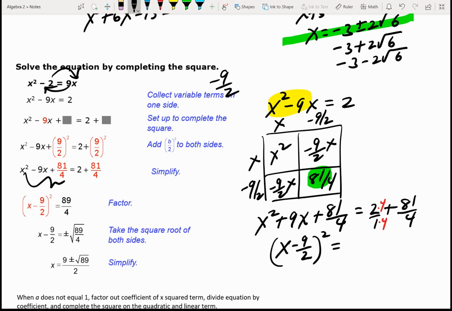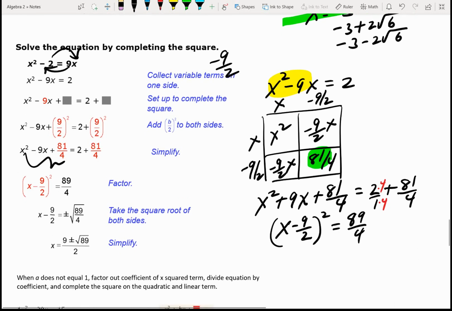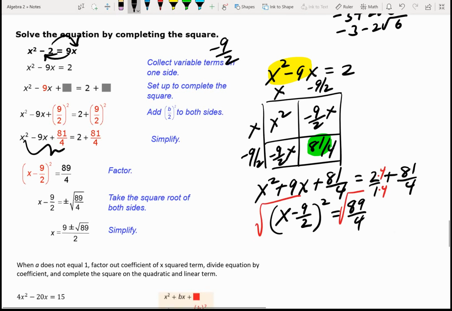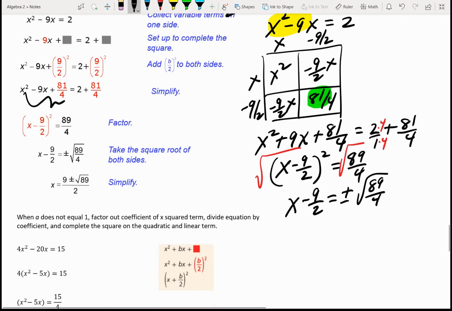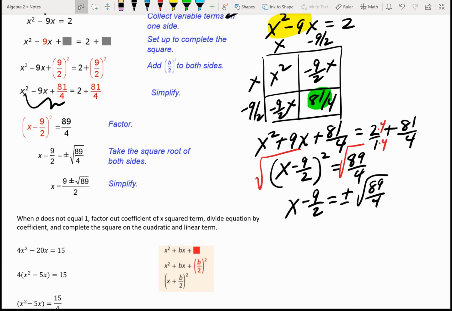And again, they worked the problem out for you. 89 fourths. Now all I have to do is take the square root of both sides. Now I have x minus 9 halves equals plus or minus root 89 over 4, which is just plus or minus root 89 over root 4.